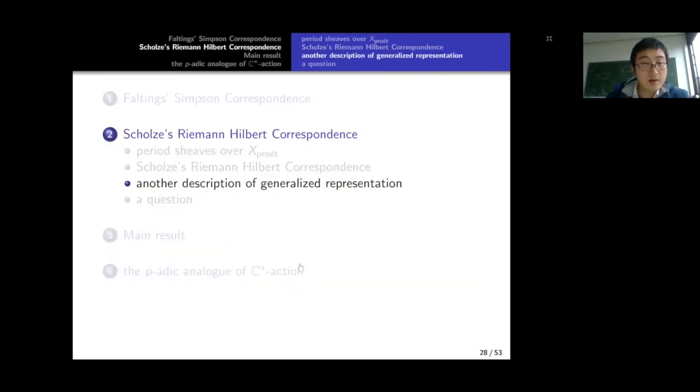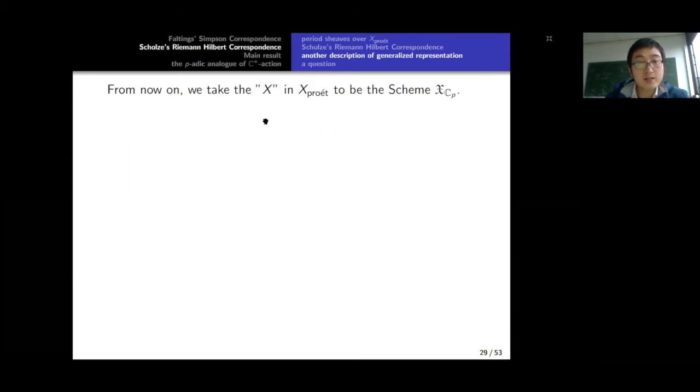Next, after we are given the period sheaf, we can describe the generalized representation via these sheaves. From now on, we take the X in this pro alpha to be the scheme X_CP.